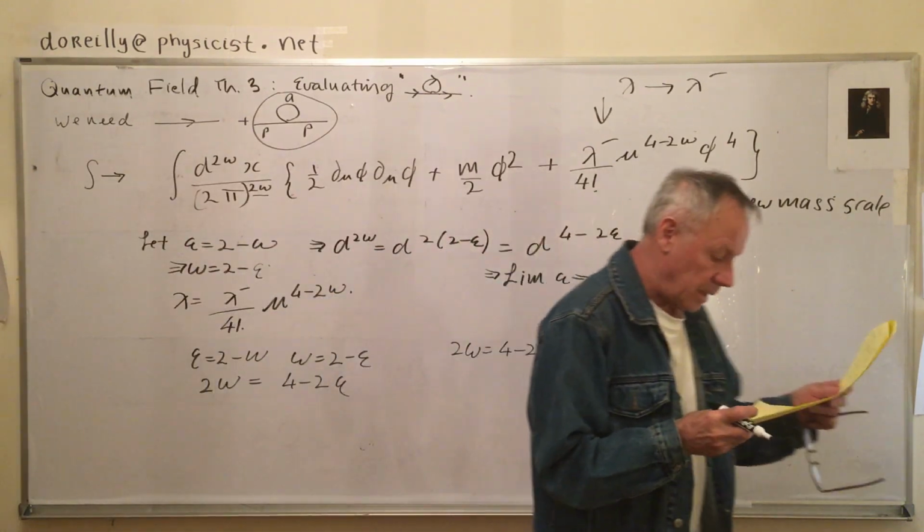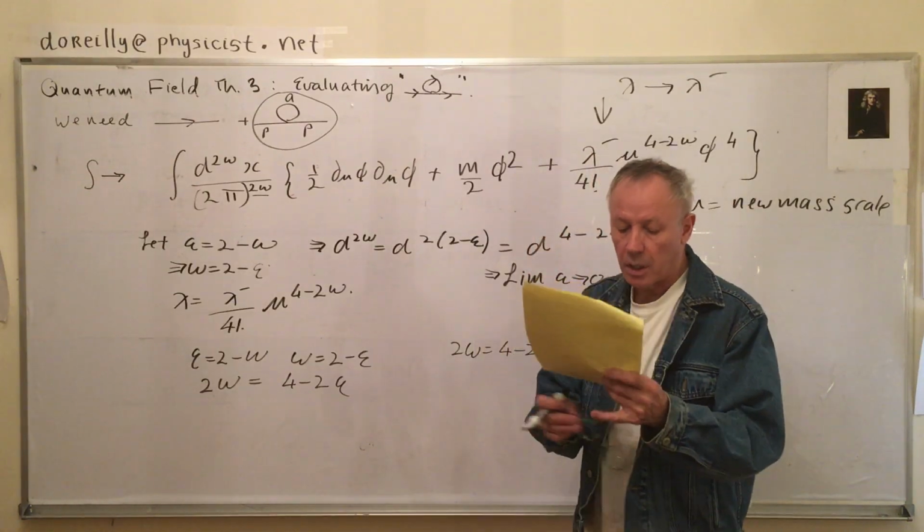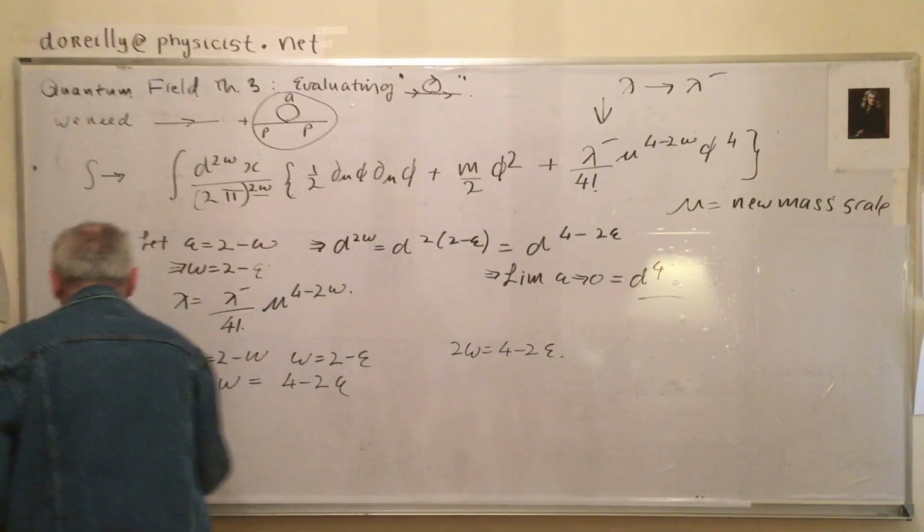Is there anything else I can add to this? Okay, now I'll just write down the dimensional regularization formula that we are going to apply from 't Hooft and Veltman.